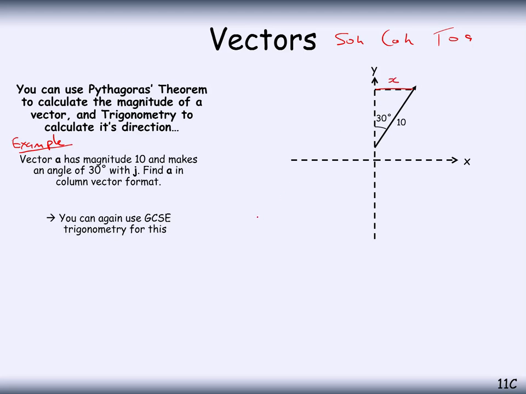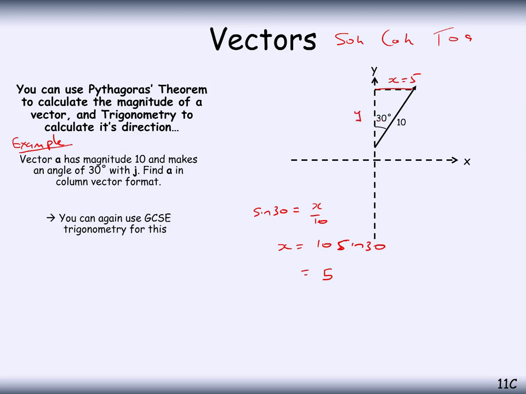I can say that sine of 30 is equal to opposite x over 10. Rearranging that, that means x is equal to 10 sine 30. When I work 10 sine 30 out on the calculator, that's going to give me 5. So x is equal to 5. I can call this y.